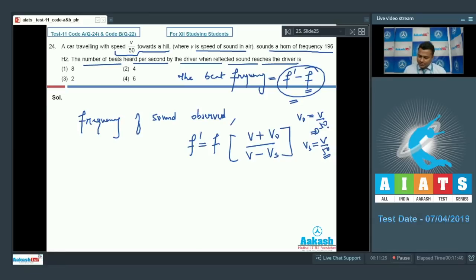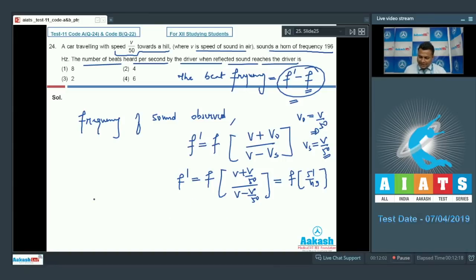Now putting the values, we get f dash equals f times v plus v by 50 upon v minus v by 50, that is f times 51 by 49.